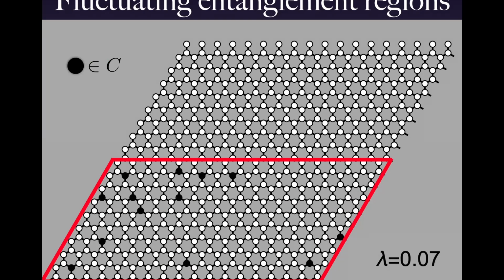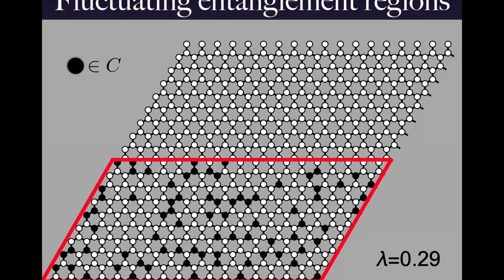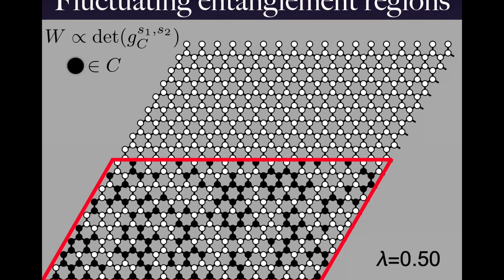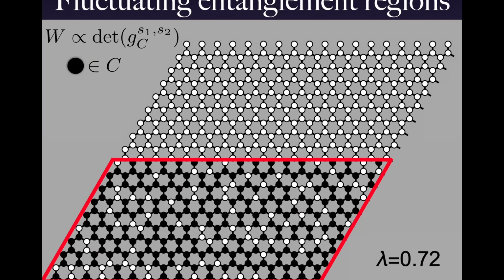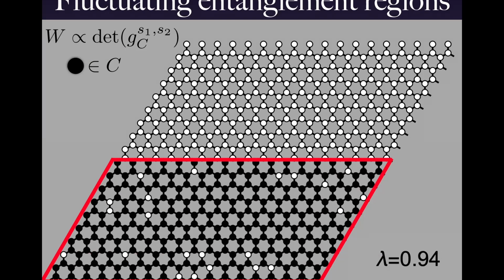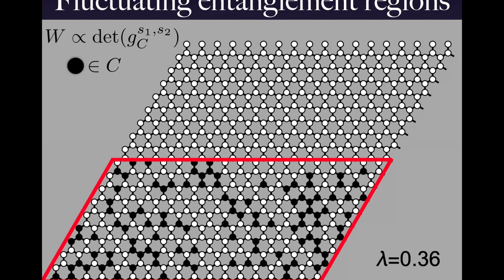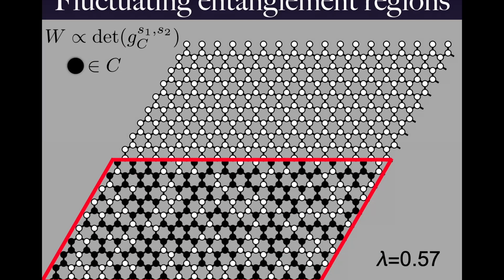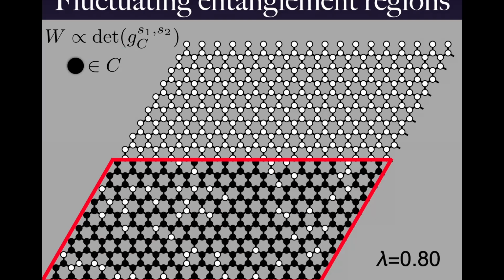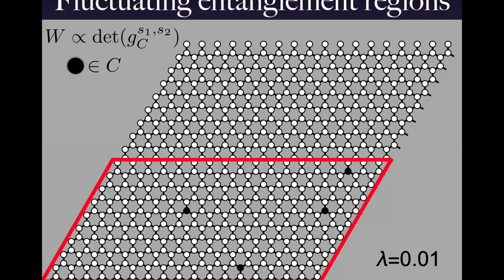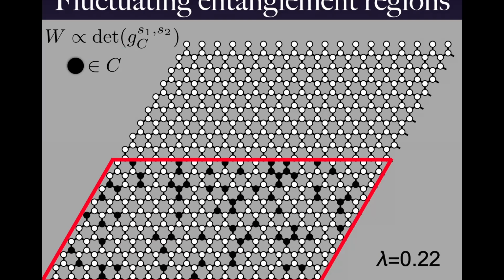A black site means it's in this fluctuating region C, and for each configuration I include this extra weight factor. So I'm tuning between the two distributions, and I can calculate the work that's done in that process. The calculations are incrementally manageable in that way.